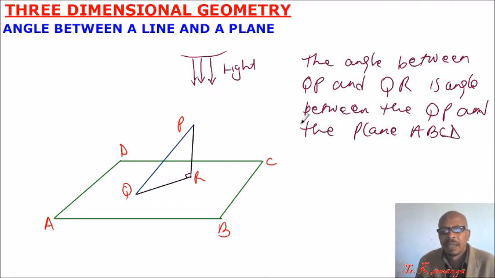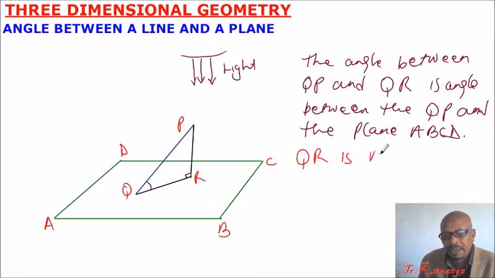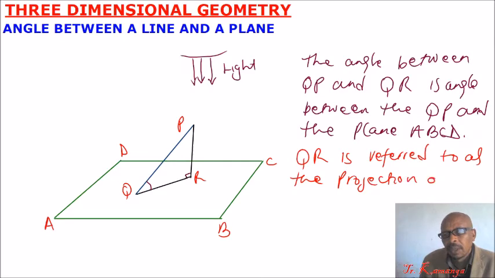So if you are given the angle between the line QP and the plane ABCD, then we say that QR is referred to as the projection of QP.